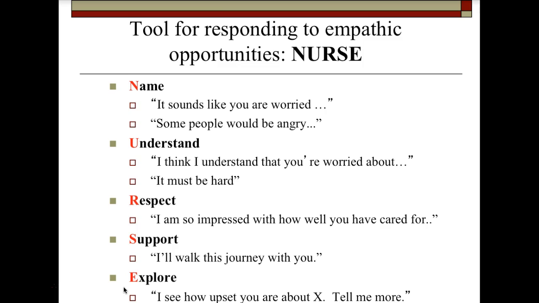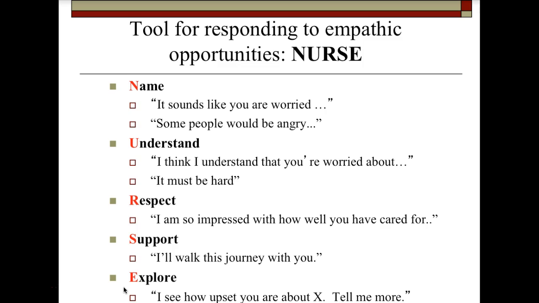R stands for respect. And the best way to think about respect here is to think of it as praise. Anytime we're in a conversation with someone, we can usually find something that we can praise them about, even if it's very small. And it's really important to give them that recognition of what they've been doing correctly with whatever they're dealing with.